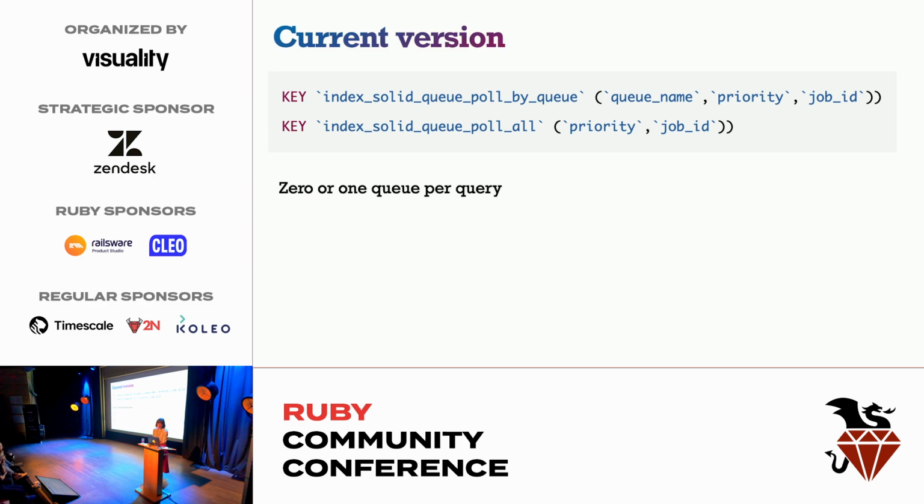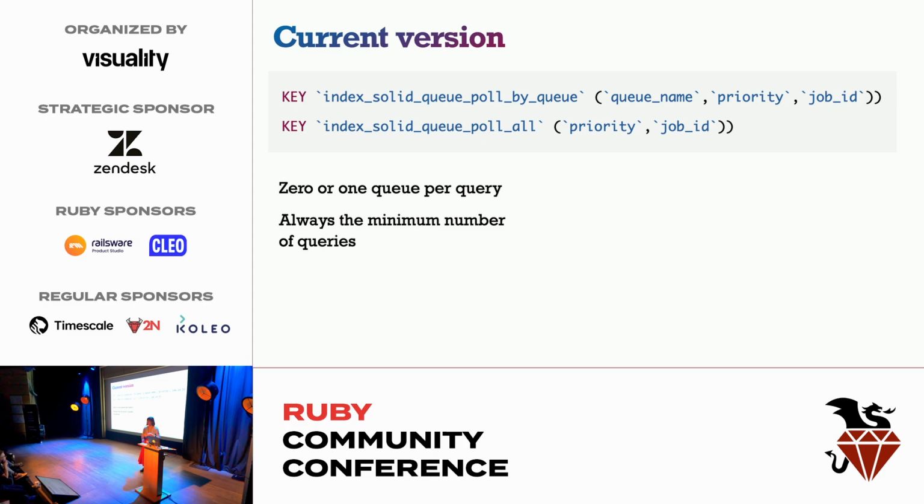So we have 0 or 1 queue per query. How do we do this? I showed you before that we wanted to support prefixes, multiple queues, all that. So we find how many queries we need to run. If you specify a worker with 2 queues, we run just 2 different queries, one for each queue.